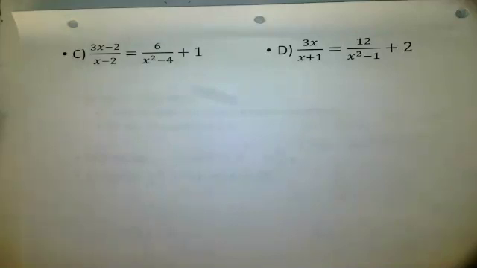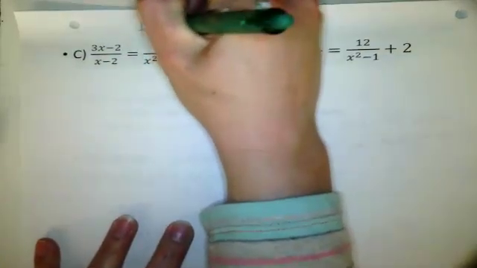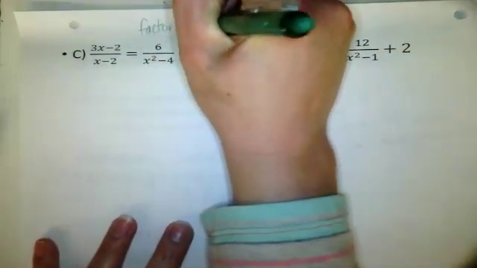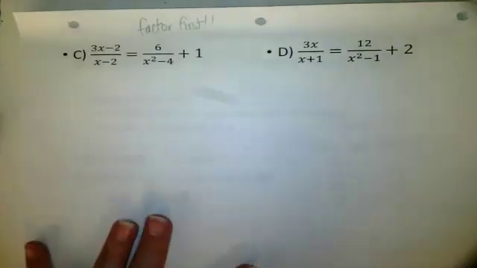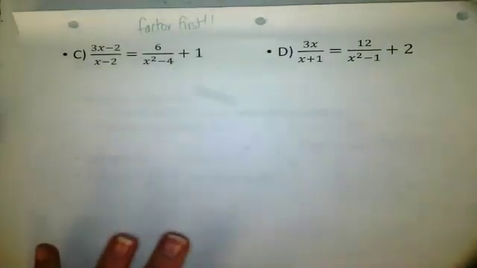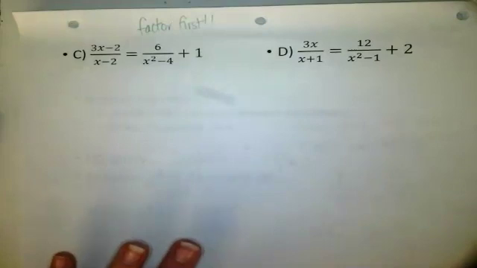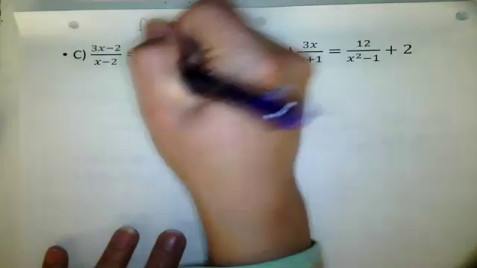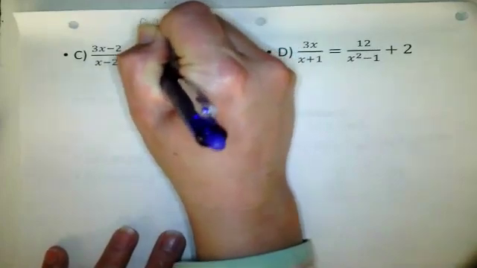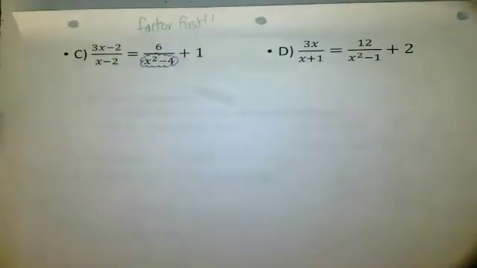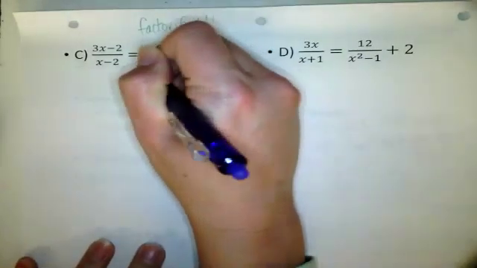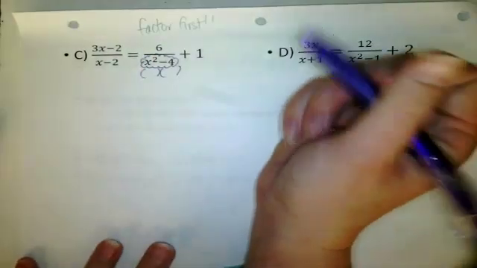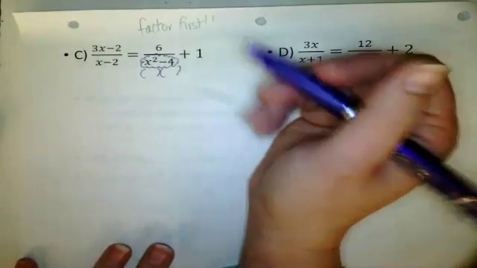I want to look at all my denominators first because the same rule still applies. Factor first if you can. Is there something we can factor? Yeah, x squared minus 4 is factorable. That same rule, which has been the phrase of the week, factor first if you can. I can rewrite that. How does x squared minus 4 factor?